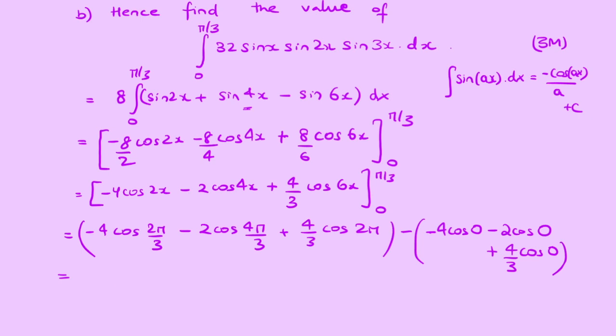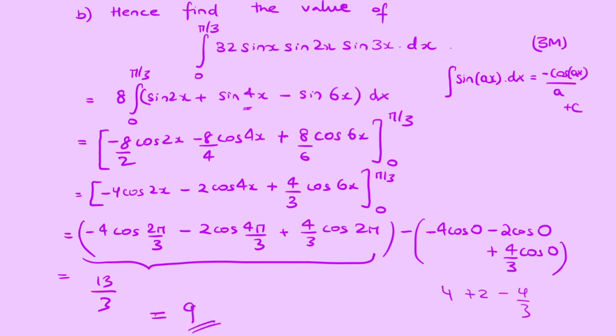So this bit is going to end up giving me 13 over 3, and the other side is going to give me 4 plus 2 minus 4/3. Cool. So my final answer happens to be 9. Yep, 9. Perfect. There you go.